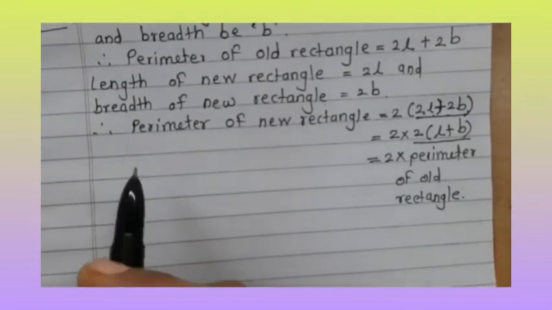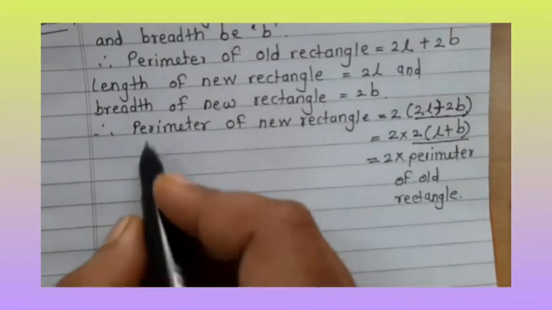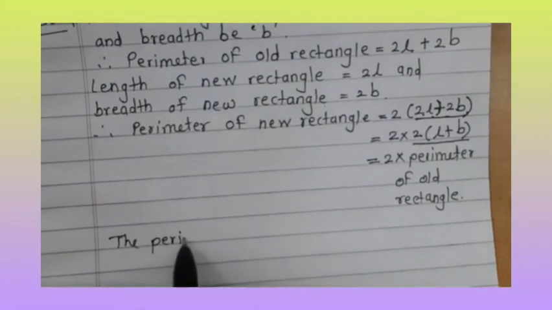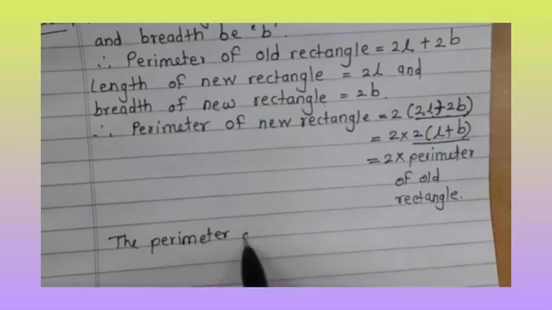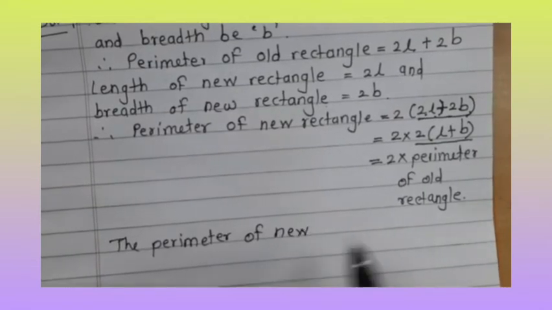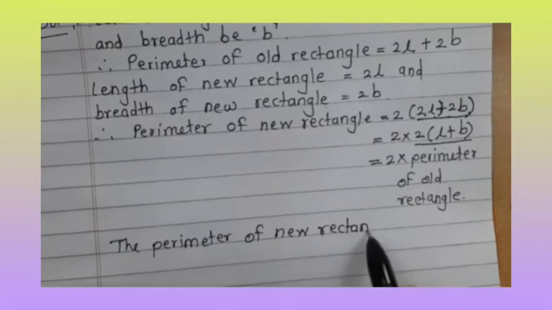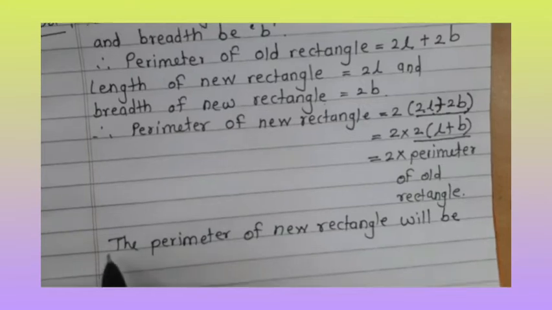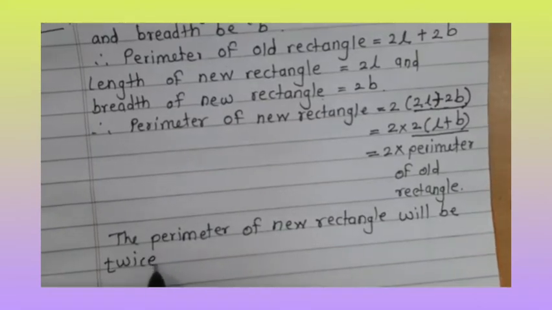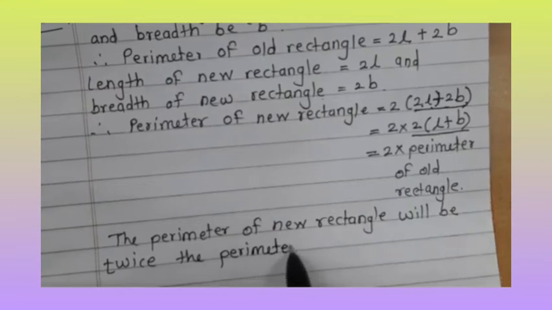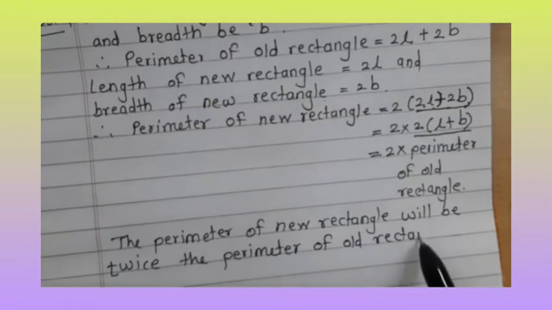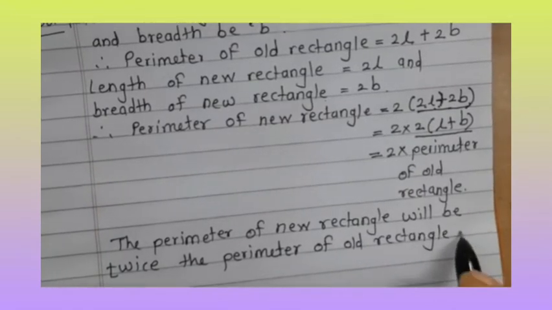My last answer will be the perimeter of new rectangle will be twice the perimeter of old rectangle. Full stop.